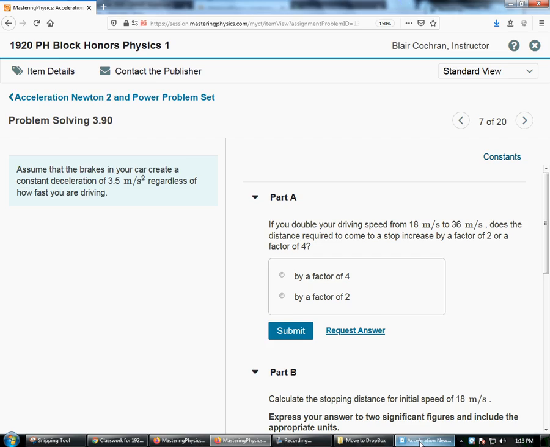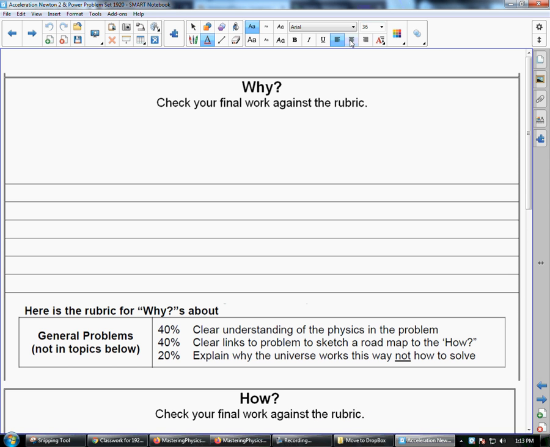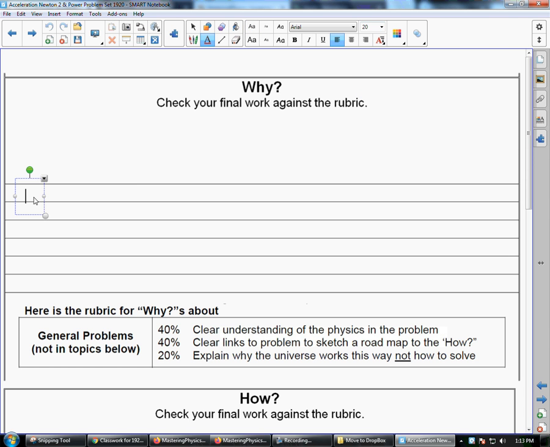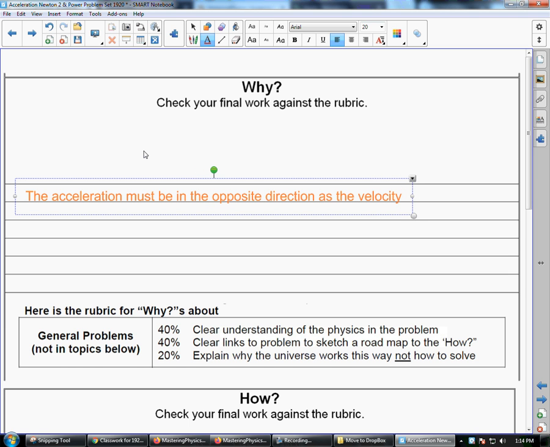Okay, good. So those are the type of things I want to put here in my written line. All right. Different color. So the acceleration must be in the opposite direction as the velocity. When you stop, your velocity is zero.